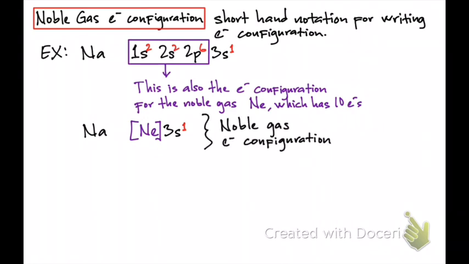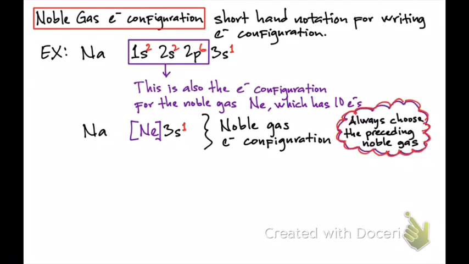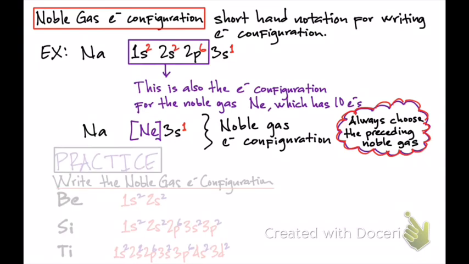And you should always remember that whenever you're writing the noble gas electron configuration for a specific element, always choose the preceding noble gas. Always choose the noble gas before that specific element. So in the periodic table, you have sodium, and the noble gas before that is neon. And so you're going to use neon as your starting point, your noble gas.